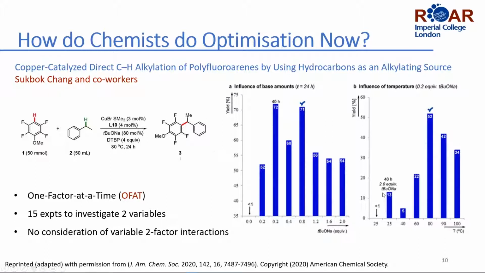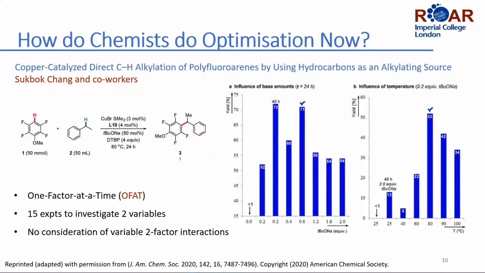What's not considered is something we call a two-factor interaction. Now, it's not necessarily one at play here, but we need to be aware of them and look out for them. So a two-factor interaction is where, in the result of an experiment, two factors aren't truly independent. The classic example I like to use in our courses is reaction temperature and reaction time.